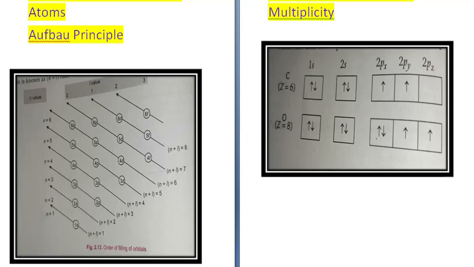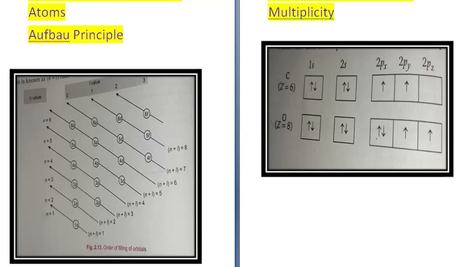After that, if you look at 3s and 2p, 2p has n equal to 2 and the value of L is 1. So n plus L is 3. And 3s has n value 3 and L 0.